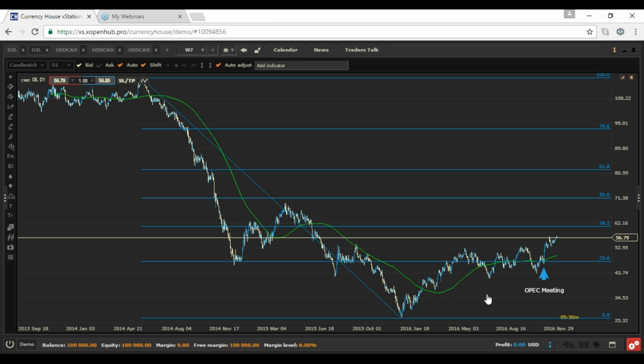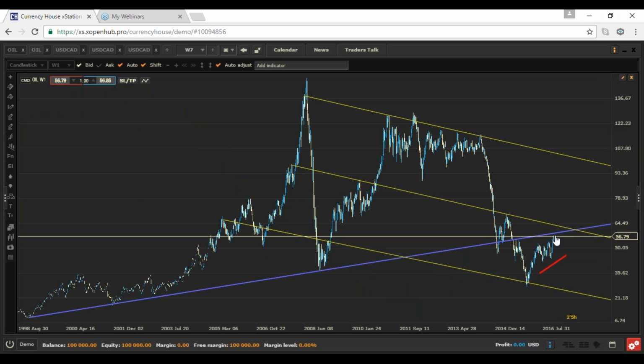Still, at the same time, we're above the moving average with the period of 89, which is also one of the Fibonacci levels, and it seems that the trend is strong. I mean, the retracement in 2016, and definitely my point is they will try to test that blue and yellow line in the upcoming days.